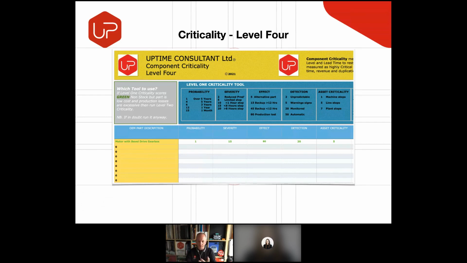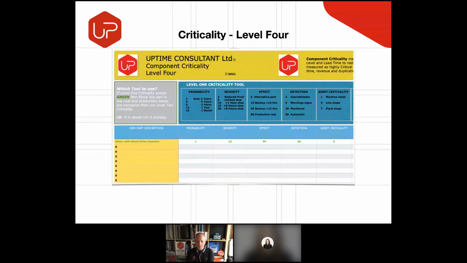If it's door handles or wheels, things where you go, well, I'm never ever going to want one of these, and if it did break, it's not going to change my life, that obviously doesn't go in here. My way of thinking about it, we always look at the rotating part of the equipment first.